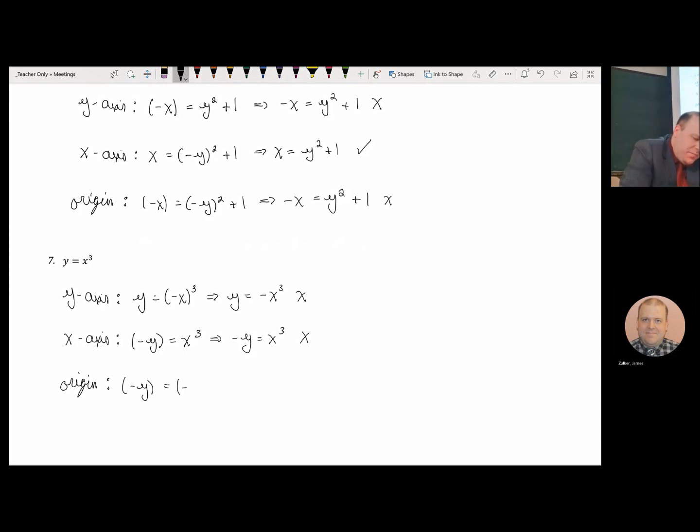Replace y with negative y, replace x with negative x. We get what? Negative y is equal to negative x cubed. Is that the same? Yes. All you have to do is multiply both sides by negative 1.